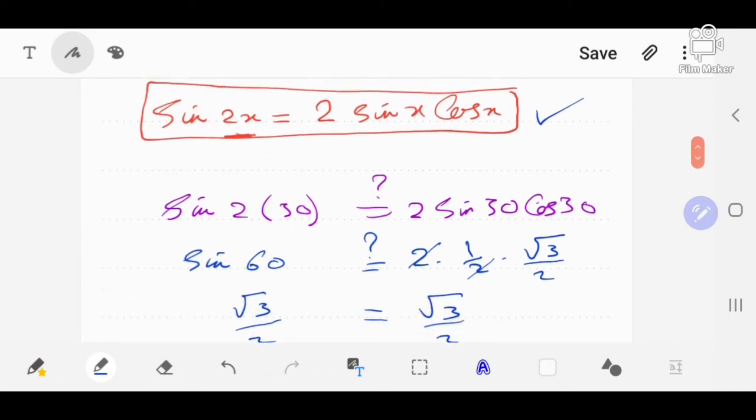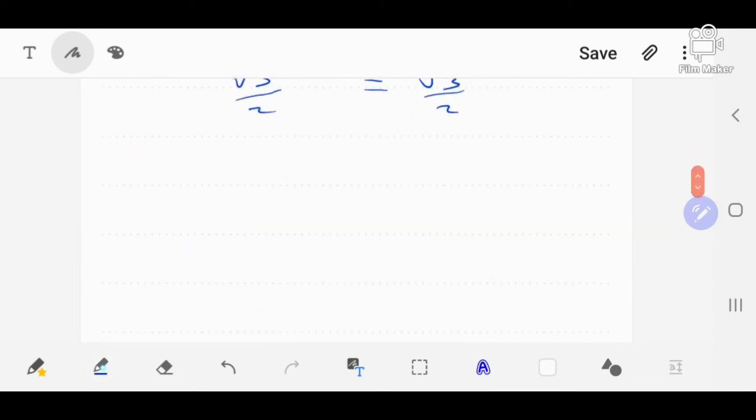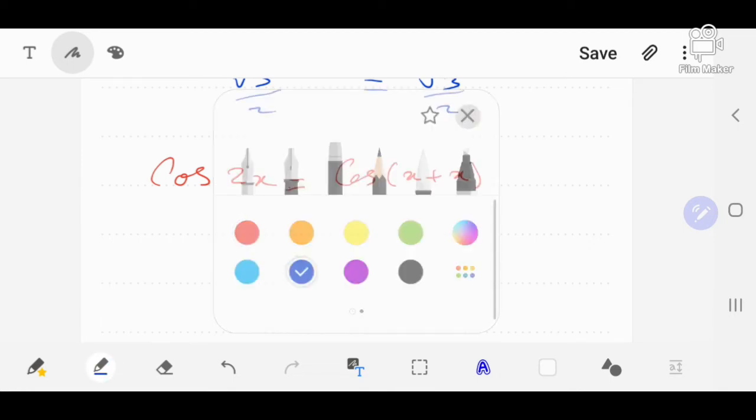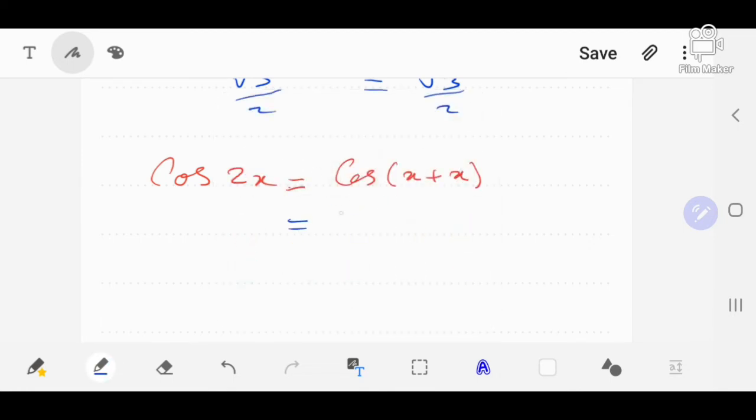And the same thing can be applied for cosine 2x. Cosine 2x can also be written as cosine x plus x, which will give me, if you apply it, the cosine formula says cosine cosine minus sine sine.